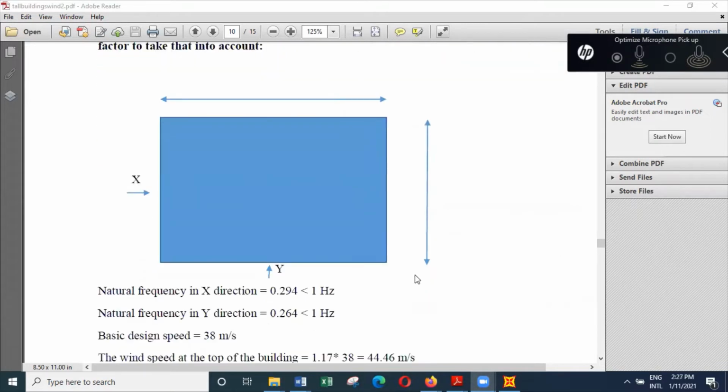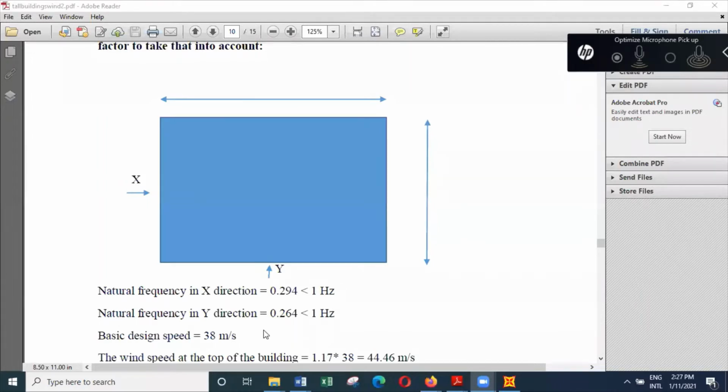So when you take the reciprocal, you can find the natural frequency as 0.294 and 0.264, and both are less than 1 Hertz, which means we have to consider the dynamic effects.